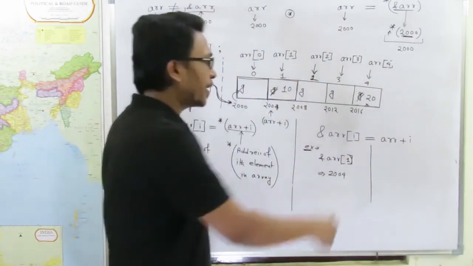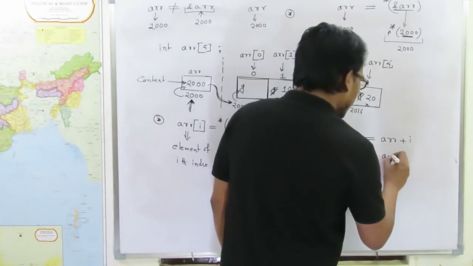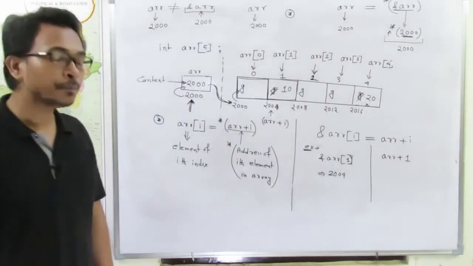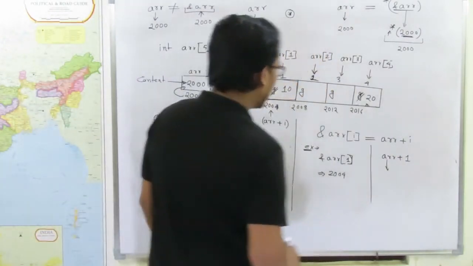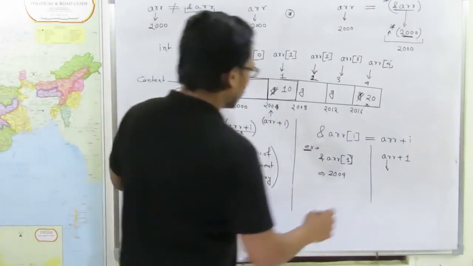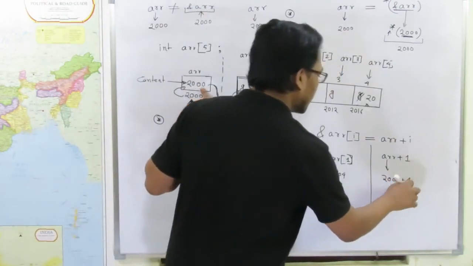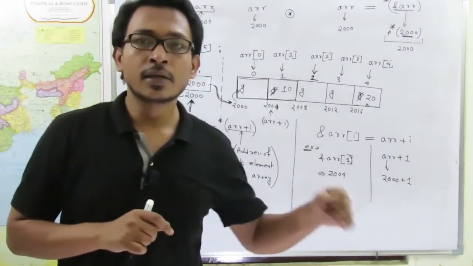Now coming to the pointer notation part. In case of pointer notation, ARR is still there and the index now is 1. Now what happens? This is our pointer and the content of this pointer is 2000 plus 1. This is our integer. That means we are adding an integer to some address.